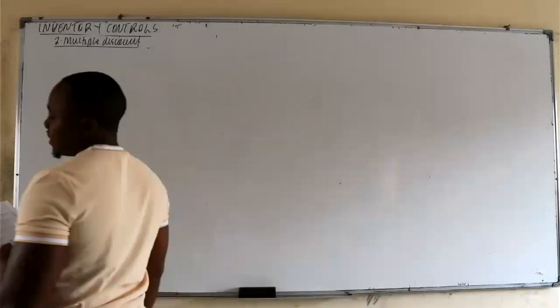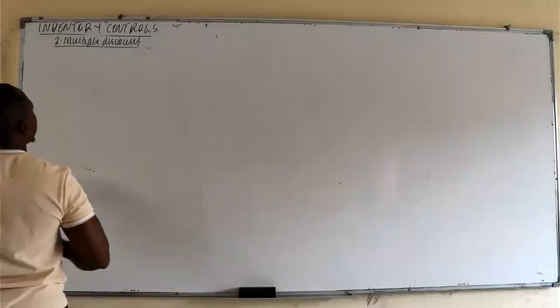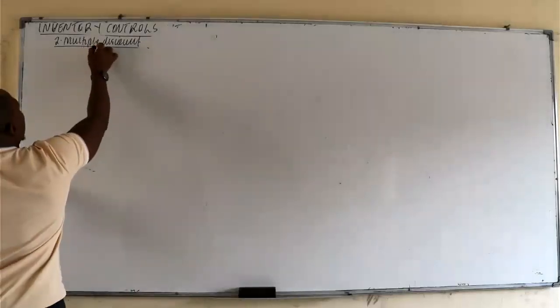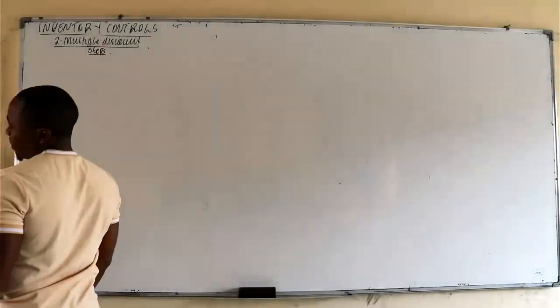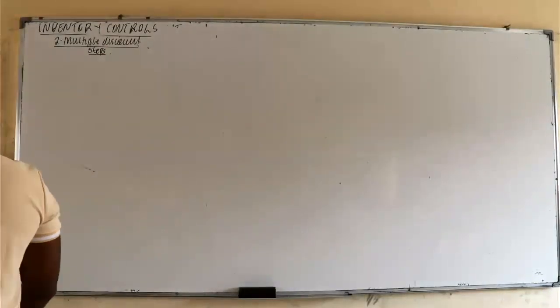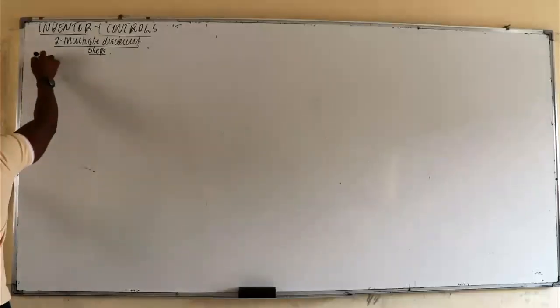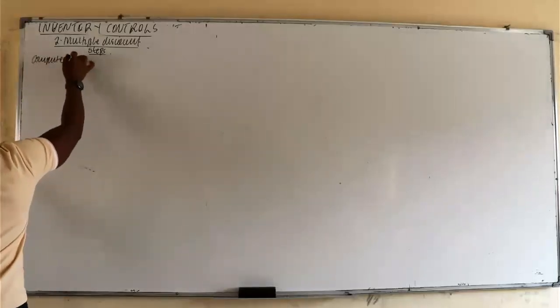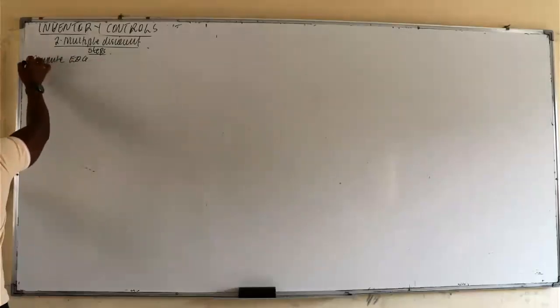So what are some of the steps followed under multiple discount? Number one, you compute EOQ at each break. So you compute the EOQ, that's the first step.